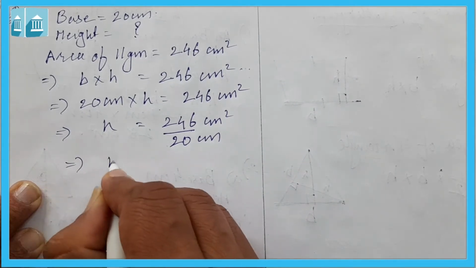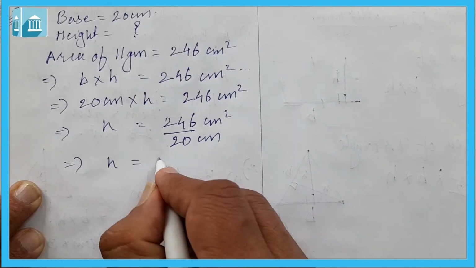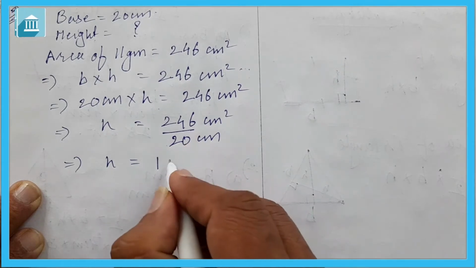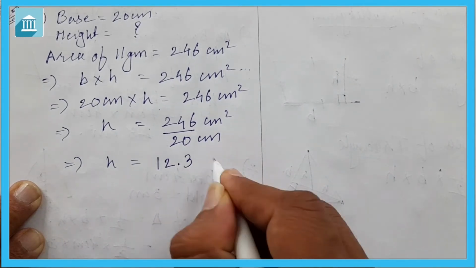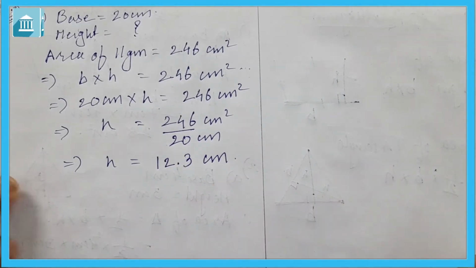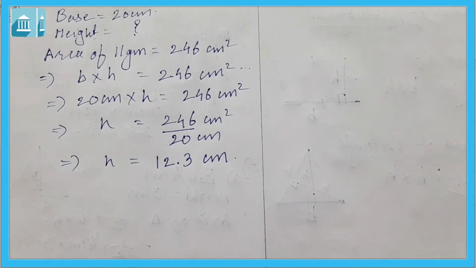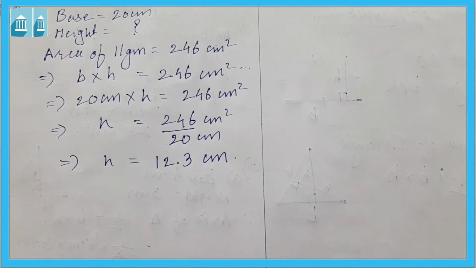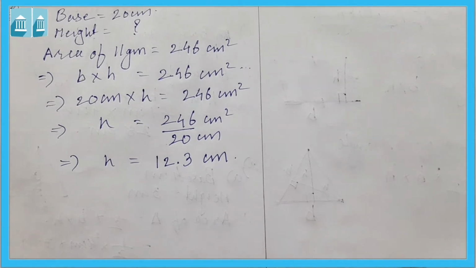So we get h is equal to 12.3 centimeter. So the height here is 12.3 centimeter. So in the missing value we can write height is equal to 12.3 centimeter. So this table we have to do like this. Now let us do question number B here.